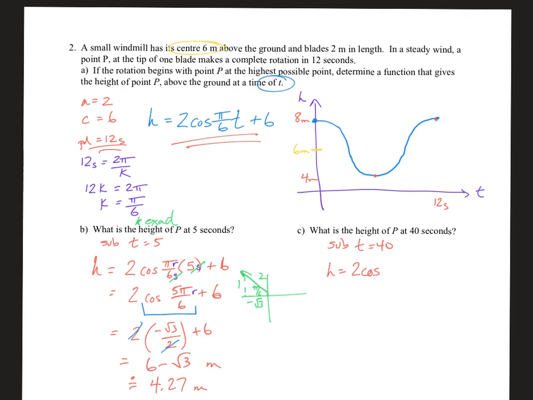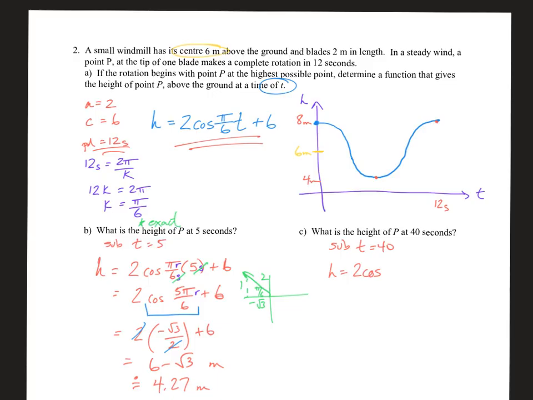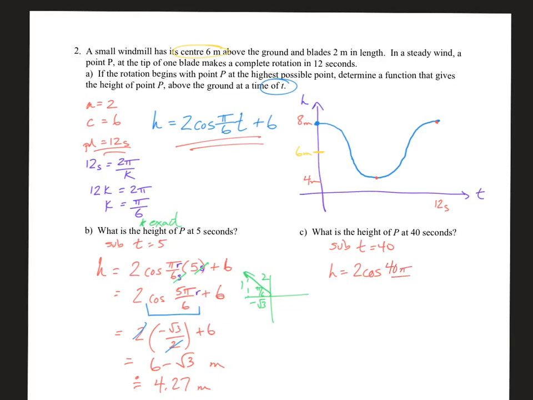Well, pi by 6 times 40 is going to be 40 pi by 6. That, of course, reduces. So you would be trying to now figure out a rotation angle for 20 pi by 3. So now we're going, well, if that's pi by 3s, then I have a full rotation.